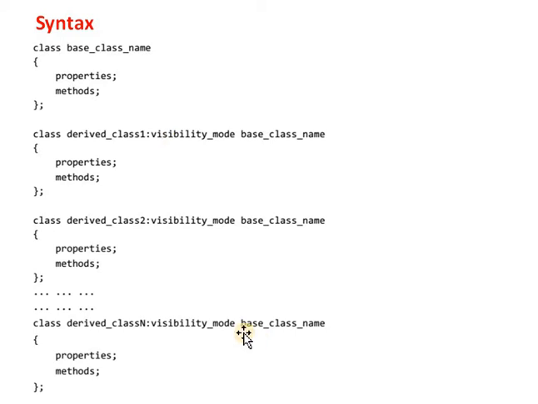Then after that, here we want to specify a base class name. And in the class definition, we are writing the properties and methods, the properties and functions, that means attributes and behaviors associated with that particular class. This is the syntax for defining a hierarchical inheritance.